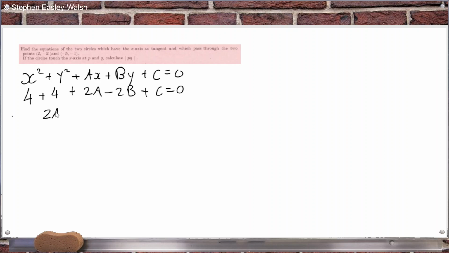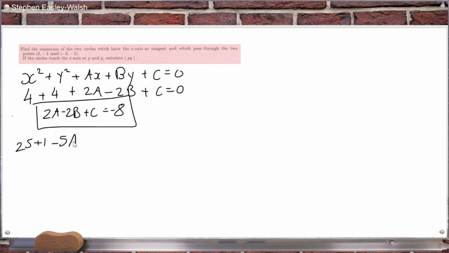So I get 2a minus 2b plus c equals minus 8. That's equation 1. Then we sub in minus 5, 1. So we get 25 plus 1 minus 5a minus b plus c equals 0. So you get minus 5a minus b plus c equals minus 26.